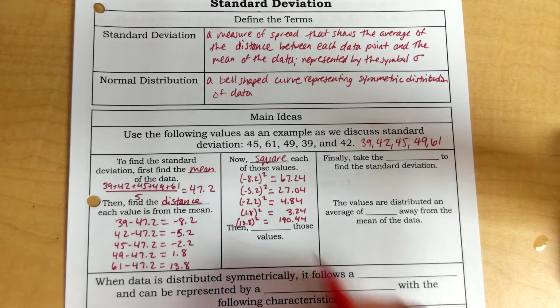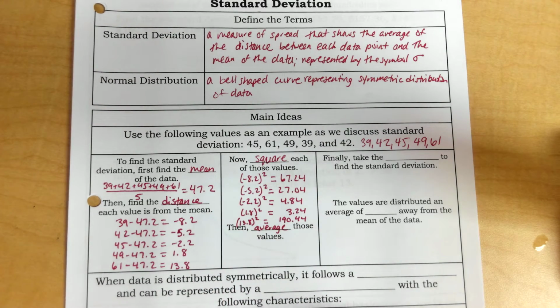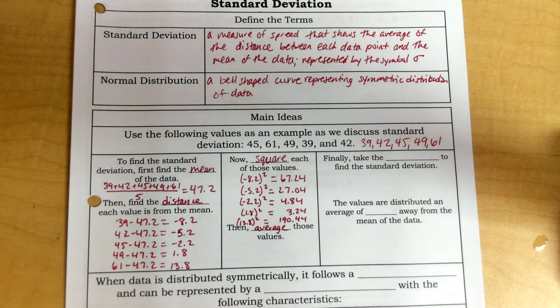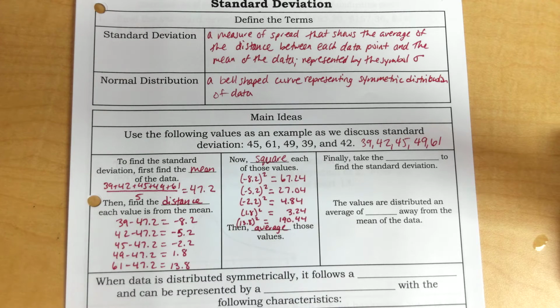Okay, then I need to average those values, because I'm looking for the average of the distance between the data points. So I'm going to add all of those together: 67.24 plus 27.04 plus 4.84 plus 3.24 plus 190.44.